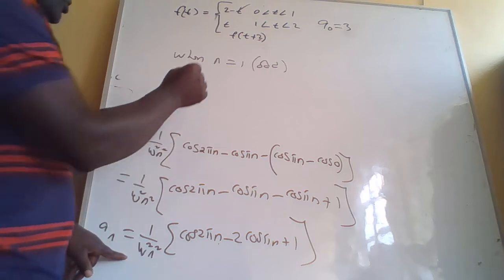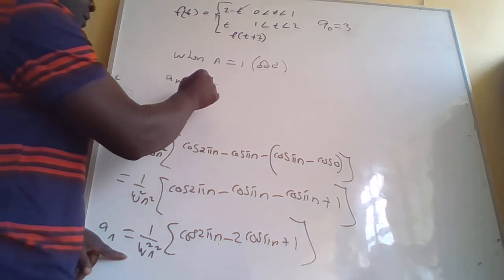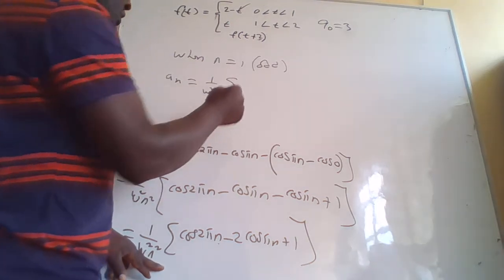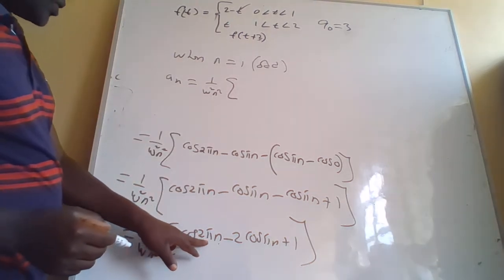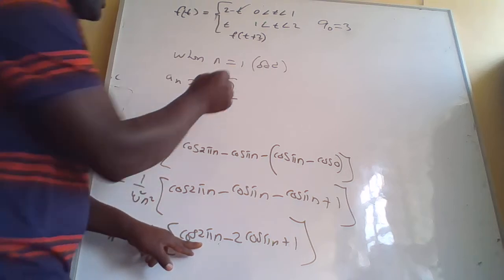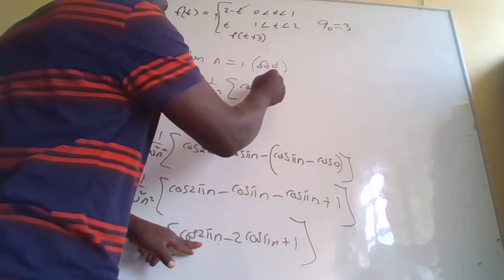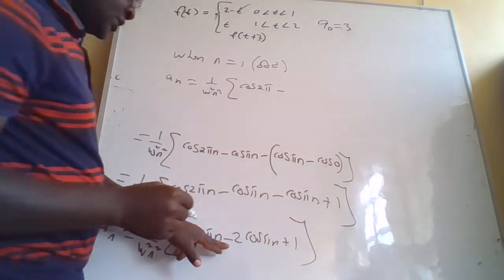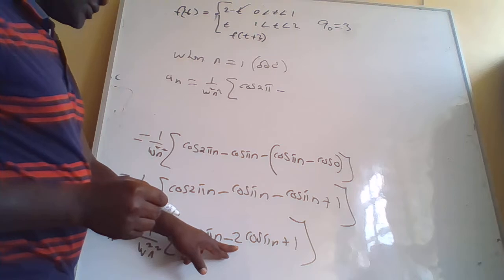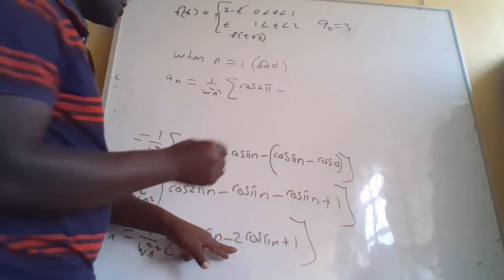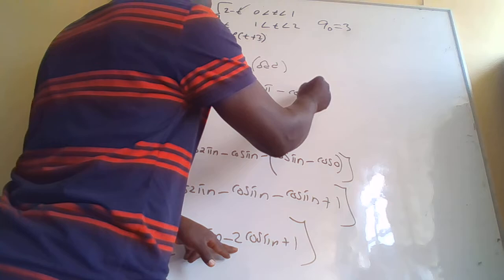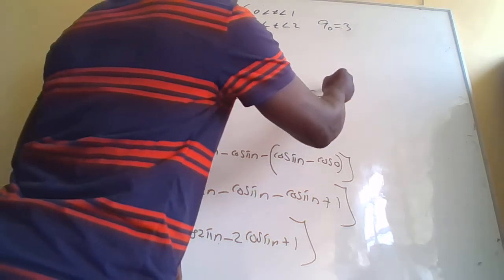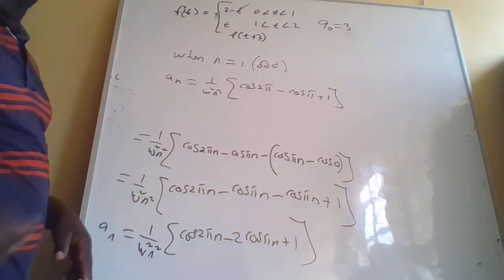Our an will be equal to 1 over omega squared n squared into, now n is 1, so here we have cos 2 pi minus 2 cos pi plus 1.